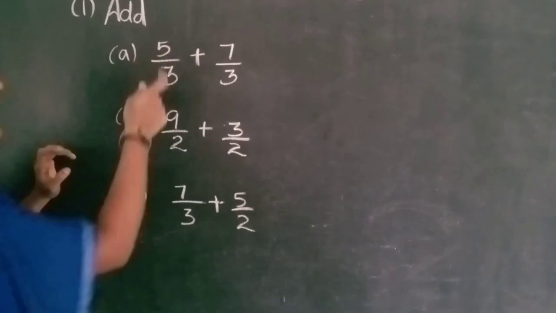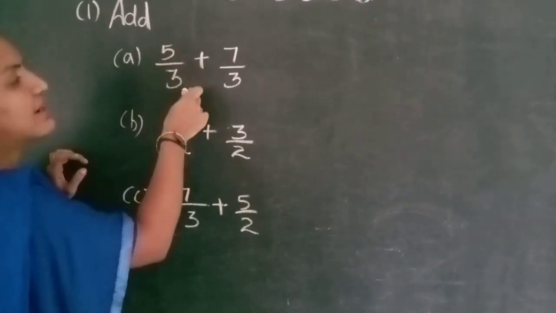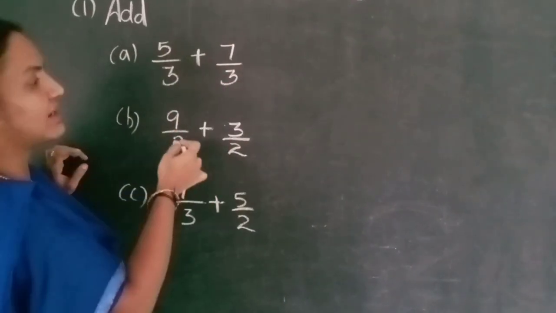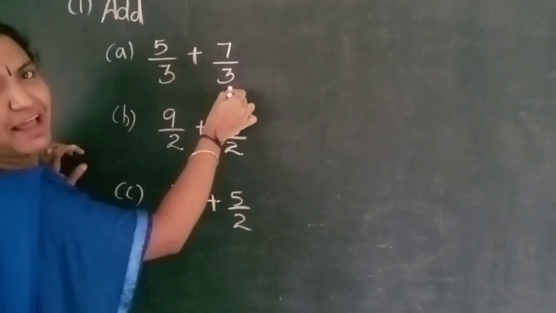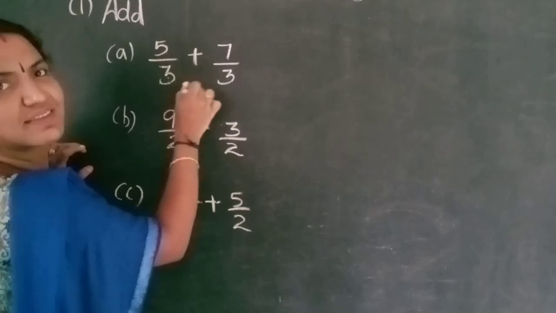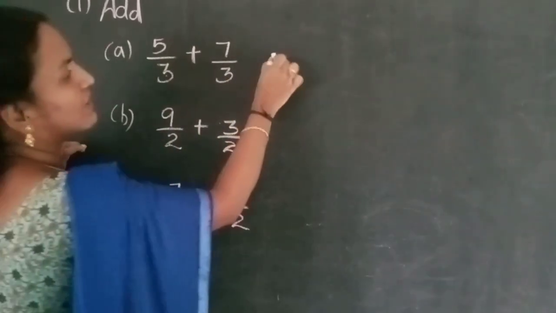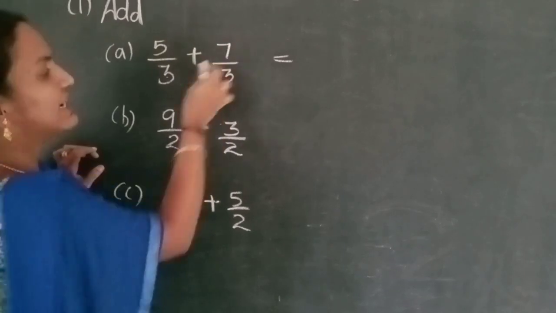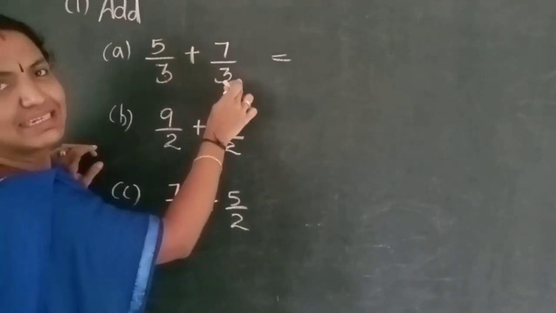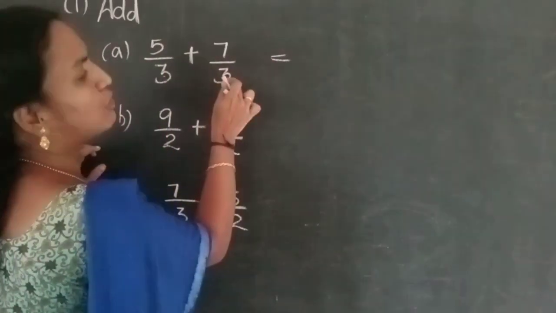Number 1, option A, 5 by 3 plus 7 by 3. Here 5 by 3 and 7 by 3 are like fractions because the denominators are same. So for addition, first add the numerators over the same denominator. Here the denominator is 3.